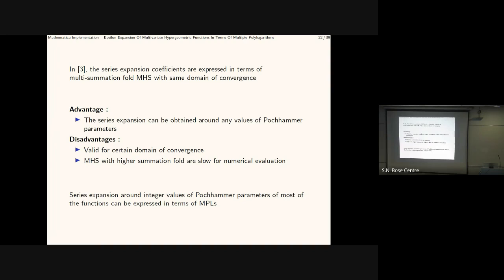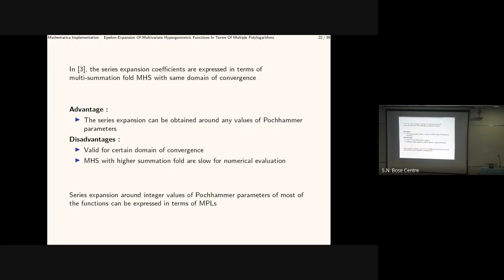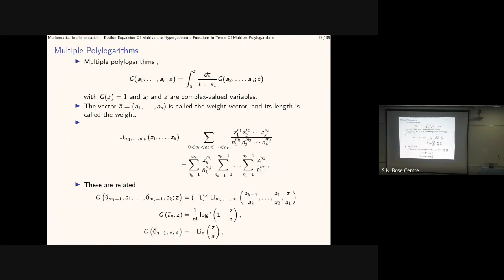So instead, if we restrict ourselves to integer values of Pochhammer parameters, we can simplify all this complicated expression in terms of MPLs. MPLs, or multiple polylogarithms, are defined in this way. These are iterative integrals that start with G of z equal to 1 with no other vector a, and a is called the weight vector.